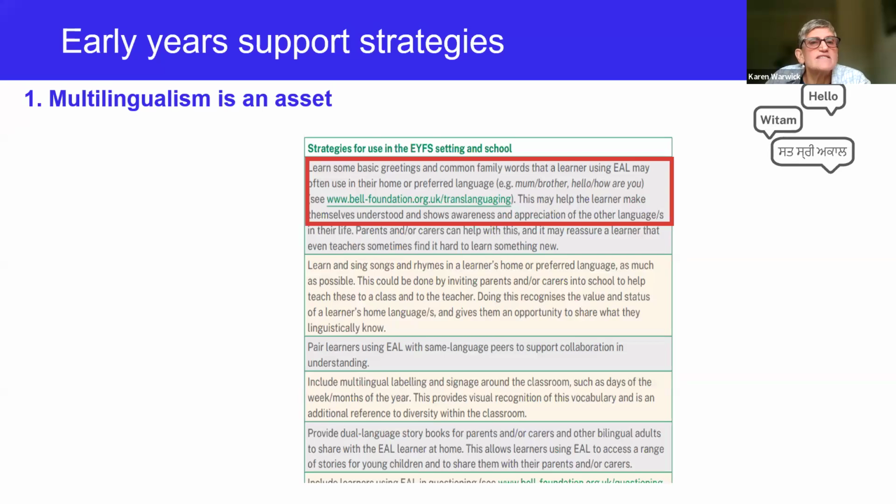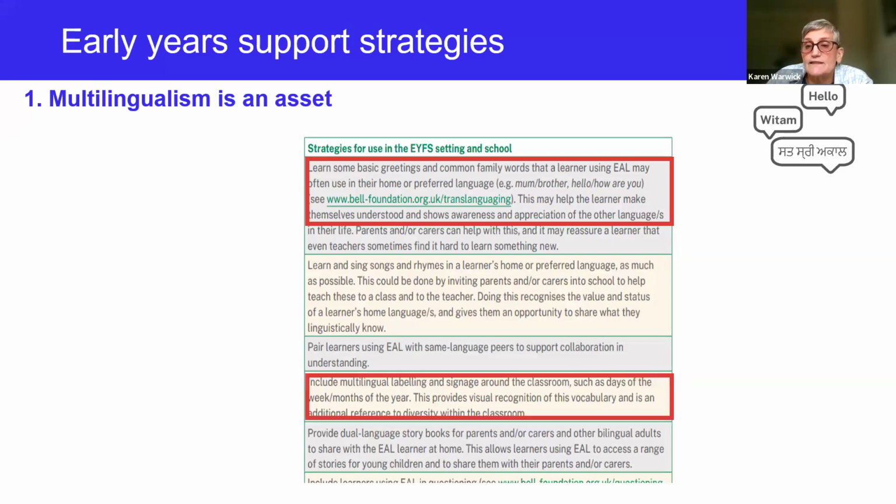So, such as learning some basic greetings in Urdu. They already do this most days during register with lots of other languages in the setting. There's also multilingual signage, and labelling is highlighted as important, and the teacher knows that she can add Urdu to what is around the classroom already.